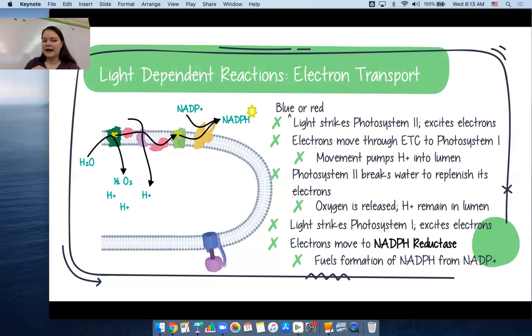Is it a pair of high energy electrons that came from another chemical, or did they have to get energized from some other source? What is the ultimate source of the electrons in both cases, and what is the ultimate ending spot for each of the electrons? So think about that. And then we can look at chemiosmosis.